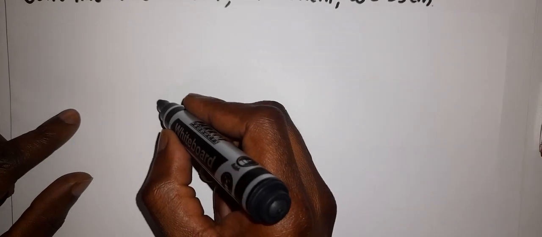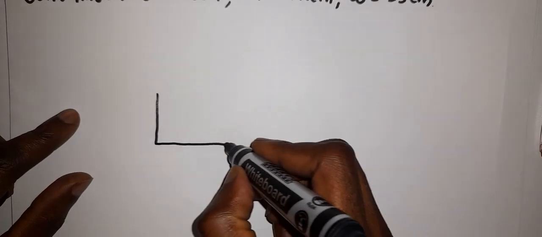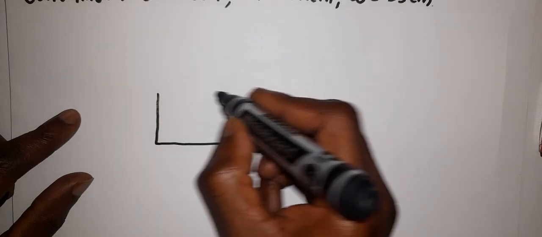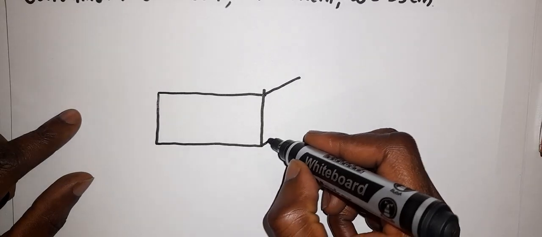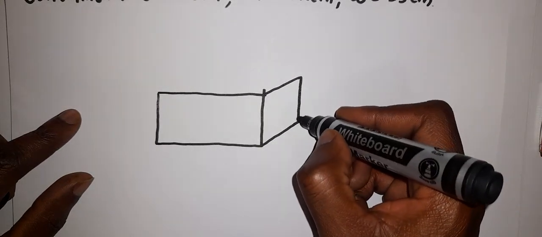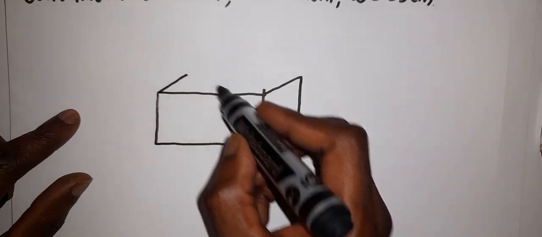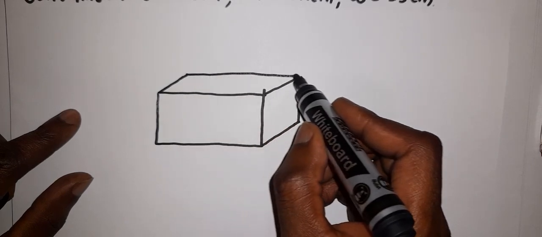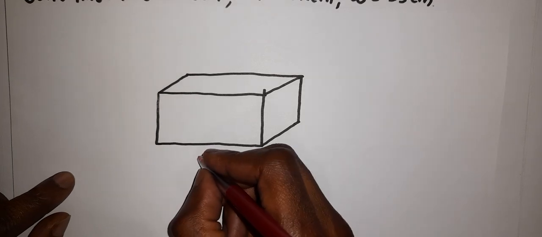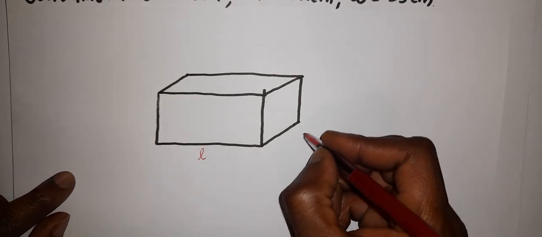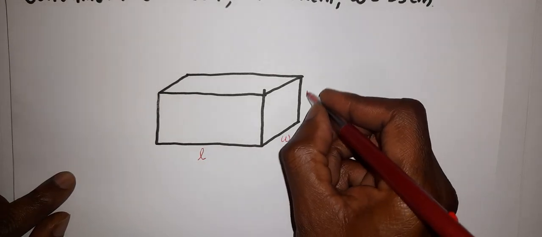Right, so let me just draw our container. This is our container. We have something of this nature in 3D. From this container, obviously, this is our length, this is our width, and this is our height.